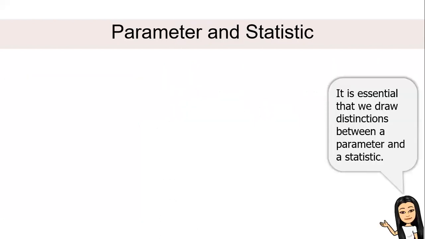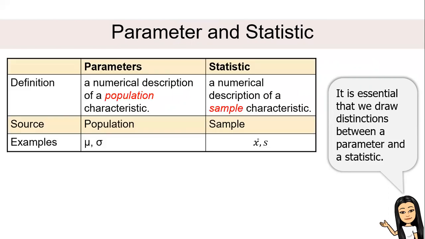Now, let's talk about parameter and statistic further. It is essential that we draw distinctions between a parameter and statistic. Parameters are numerical descriptions of a population characteristic. That's why parameter is computed from the population, and examples of that are your population mean and population standard deviation.